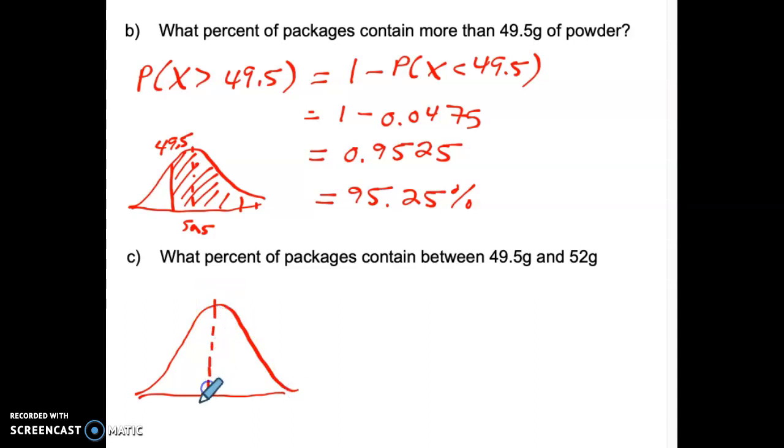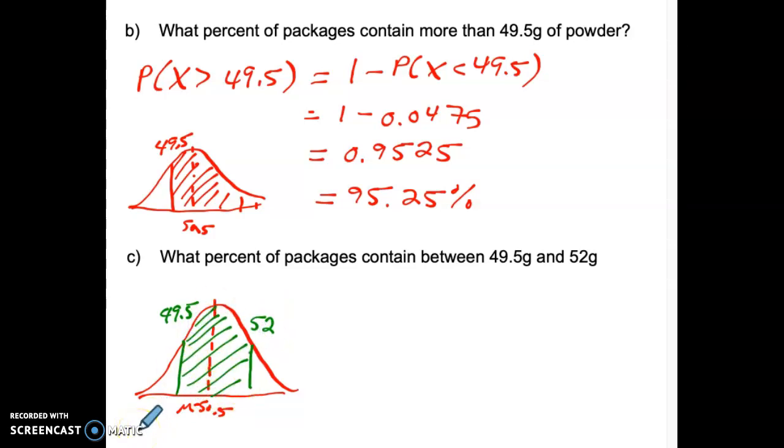So once again, in the middle, we have the 50.5. That's our mu. Okay. And we're trying to find between 49.5, so that's the first value here, and between 52. So we're trying to find this middle part here.